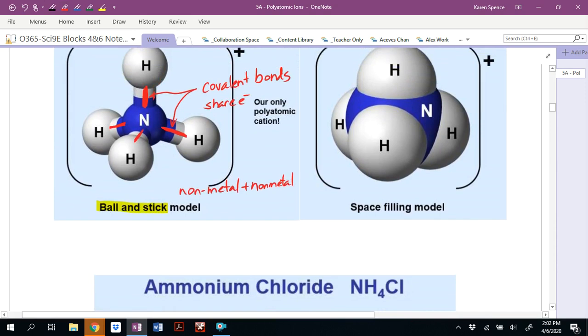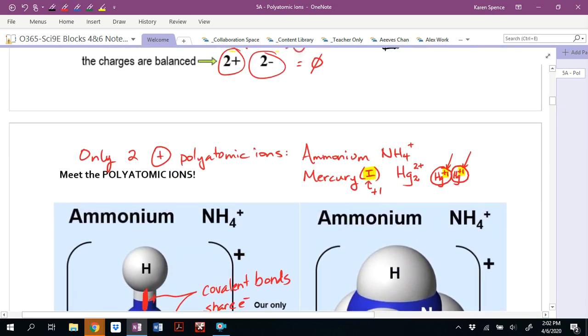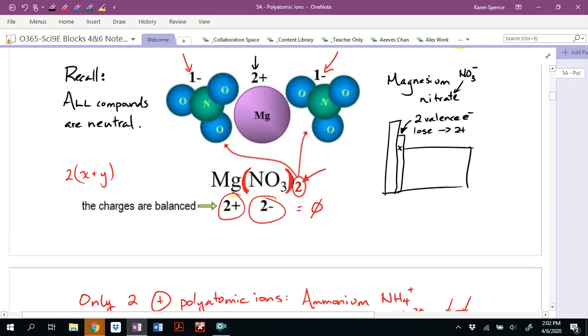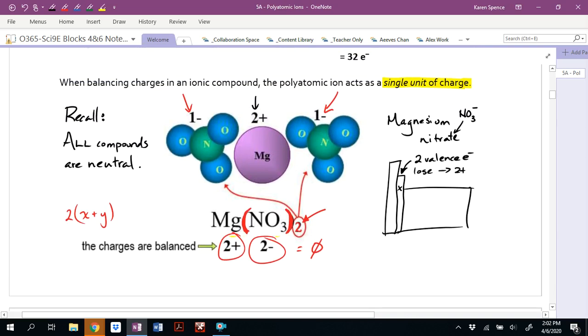Let's just go back one page because I forgot to draw something in here. Remember, within our polyatomic ion, we have these covalent bonds attaching the nitrogen to the oxygens.